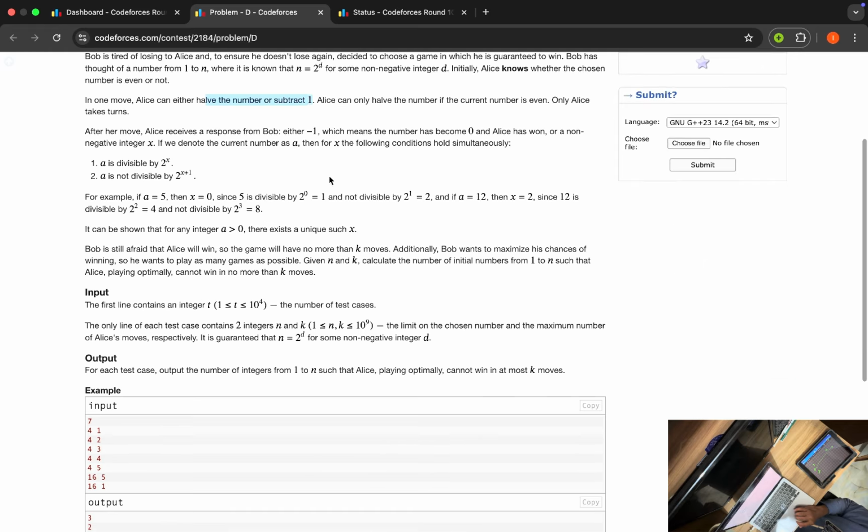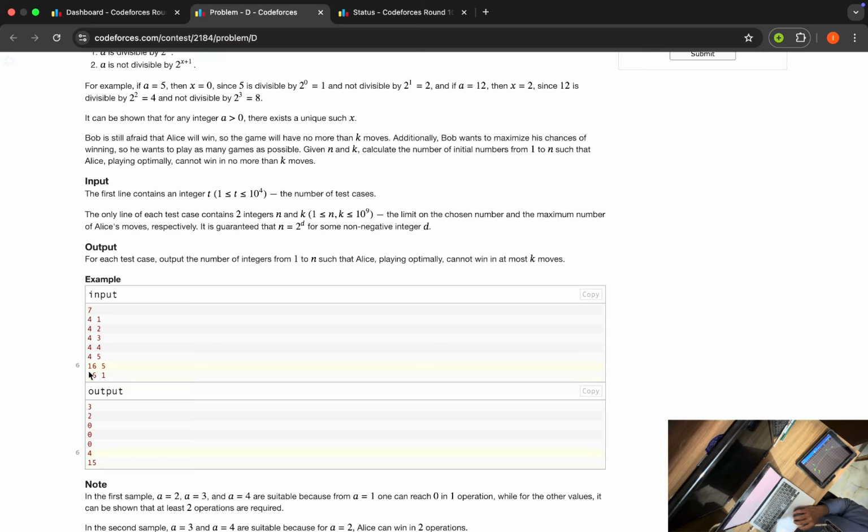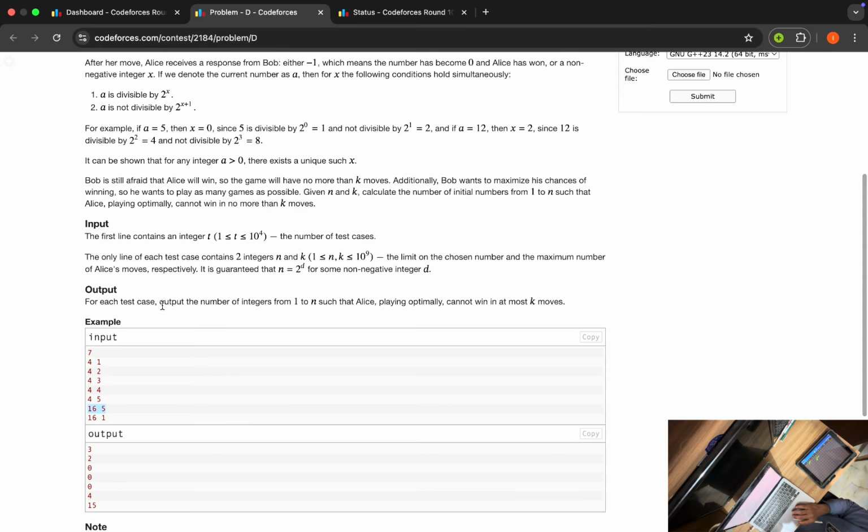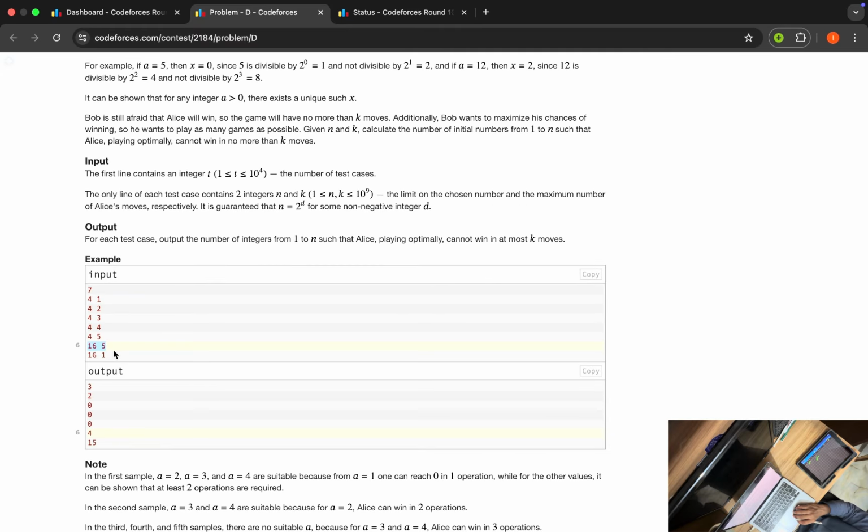Subtract 1. 16. Just subtracting 1 from the number, it will never reach 0. It's not that simple.